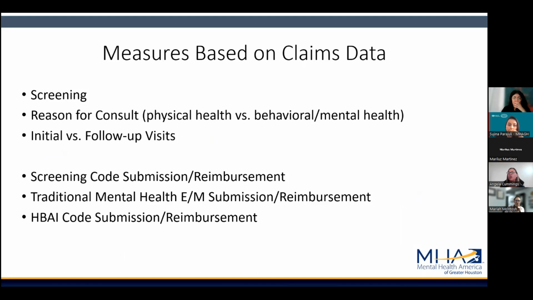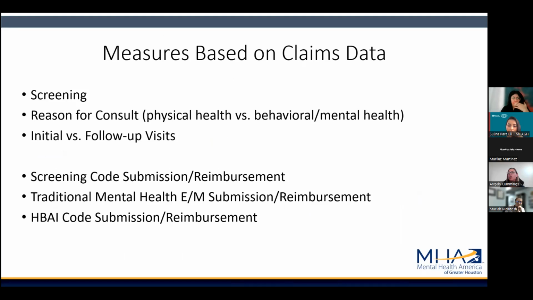And then, of course, there are going to be measures that are based on claims data, right? So looking at your screening codes, looking at the reason for the consult. Was your BHC in there for a physical health reason, a health behavior code, or were they in there for something behavioral or mental health related?